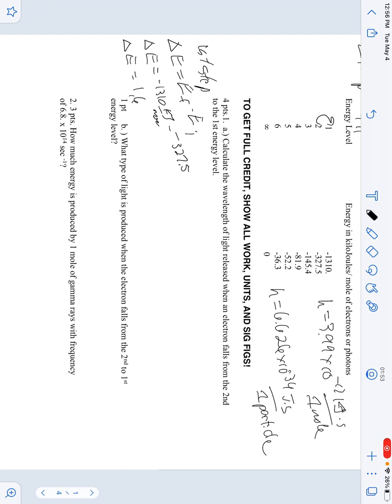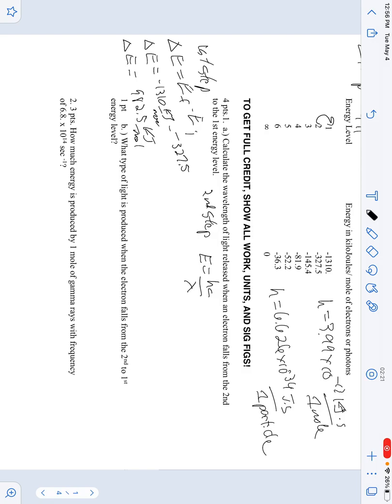Nope, that's wrong. 982.5 kilojoules per mole. All right. The second step is to then use the next equation to solve for wavelength.